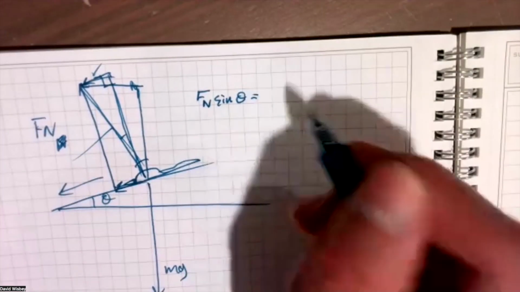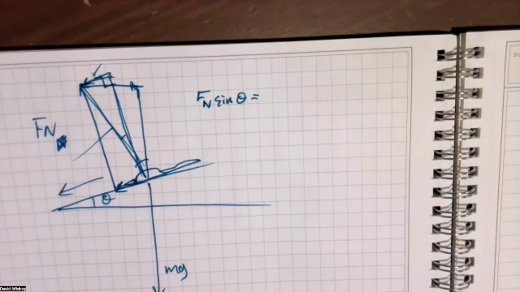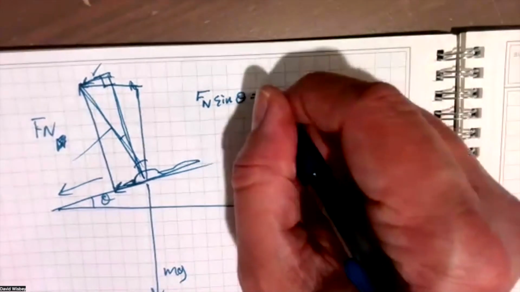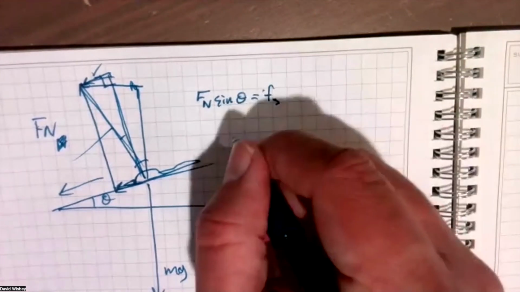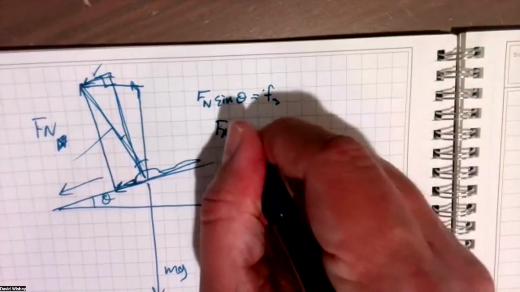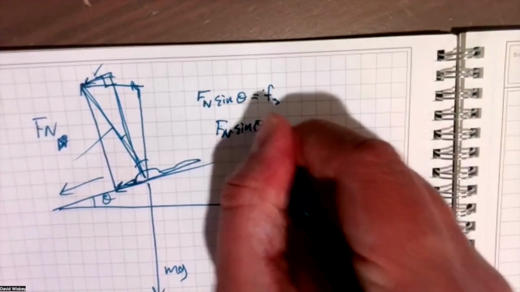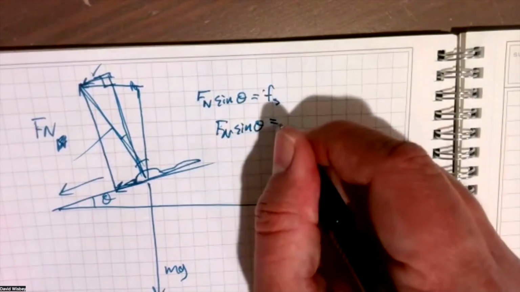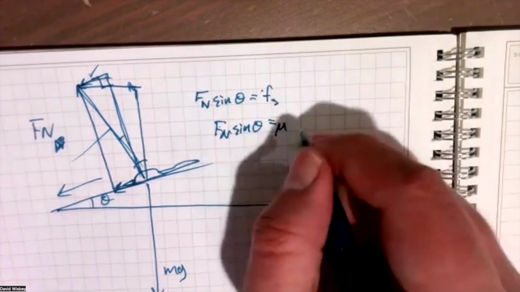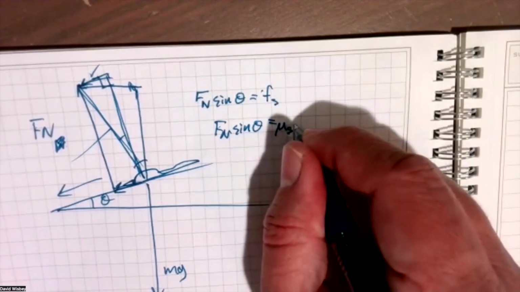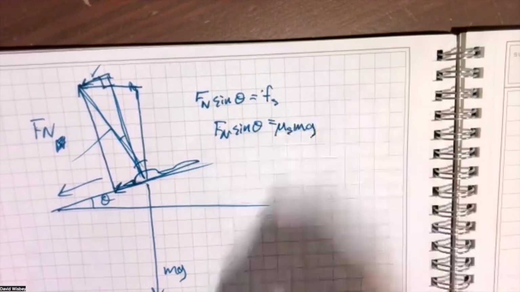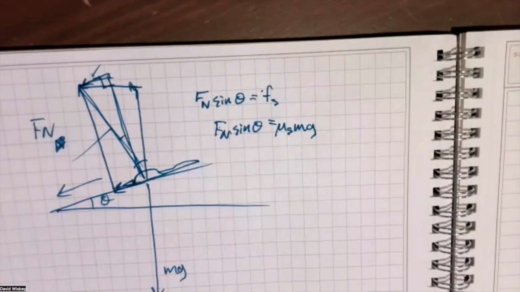And when it is equal to the maximum force due to static friction, the egg is going to start to slide. So this is going to be static friction here. I'm going to have F of n times sine of theta equal mu of s times m times g.